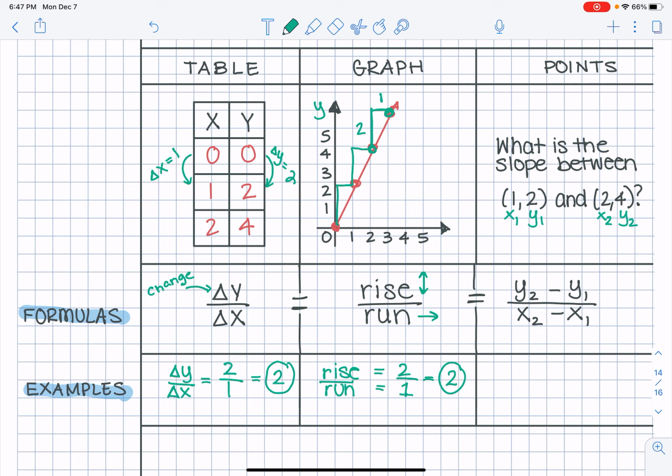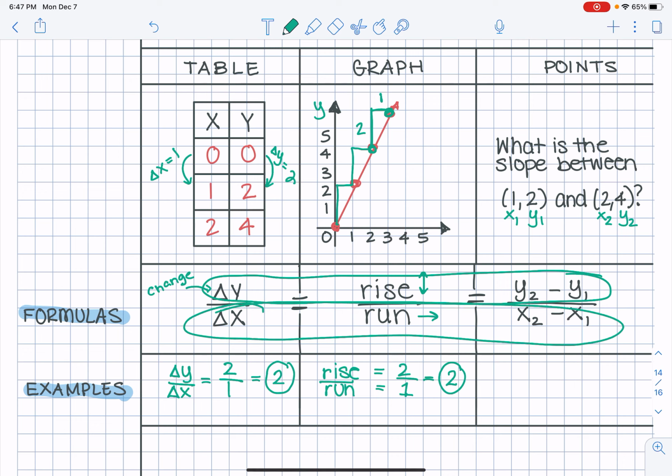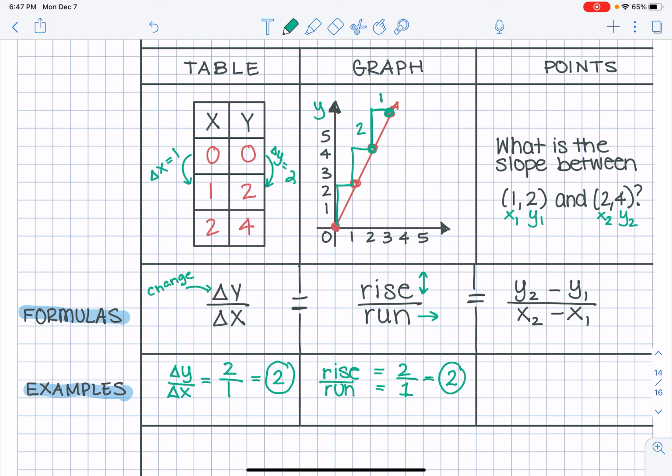So now I'm going to input those values into my formula, which again is the same exact thing. When I'm looking at the difference between my y's, that's a change in y, right? And when I look at the difference between my x's, it's a change in x. So all of these things are the same. We're just talking about it in different ways. So if I have my formula, y2 minus y1 over x2 minus x1, and I look at my points, y2 is the number 4.